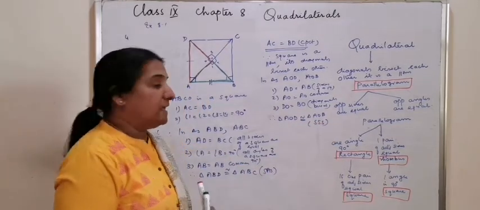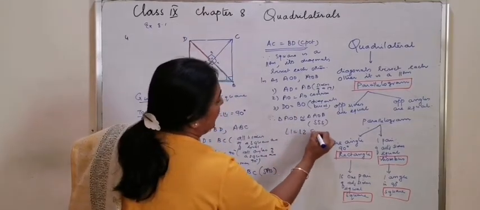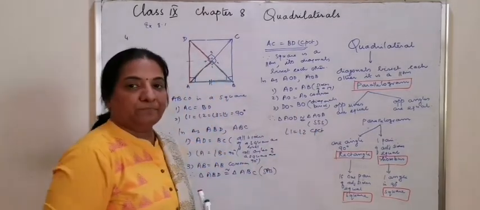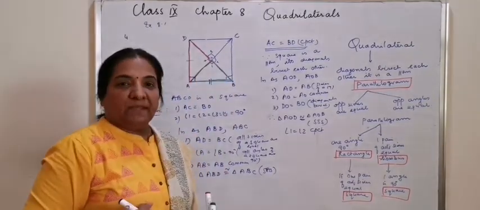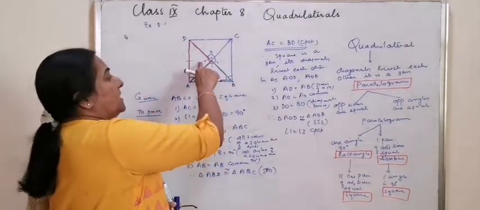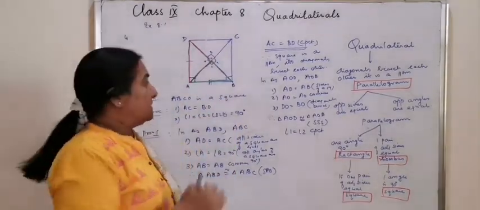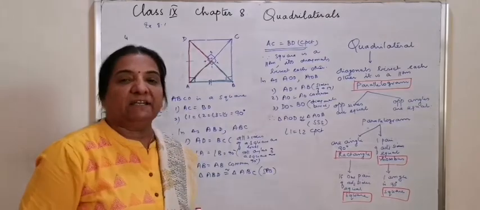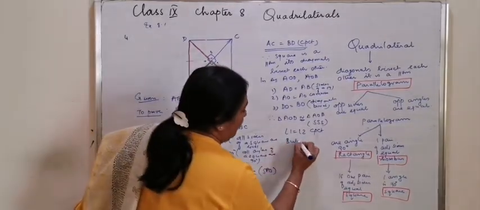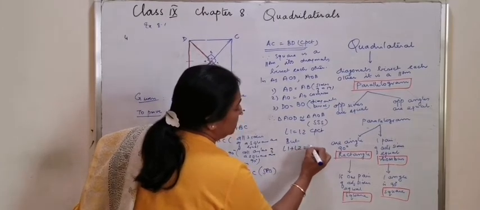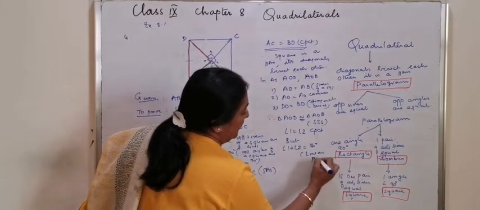From there, angle 1 is equal to angle 2 by CPCT. Now BD is a straight line, and angle 1 and angle 2 are formed at the intersection of BD and AC. Since BD is a straight line, we can apply the linear pair axiom: angle 1 plus angle 2 is equal to 180 degrees.